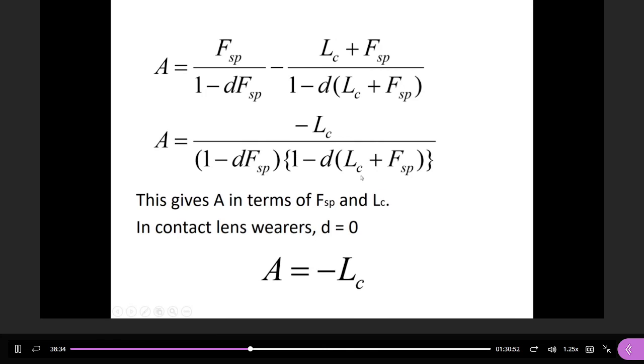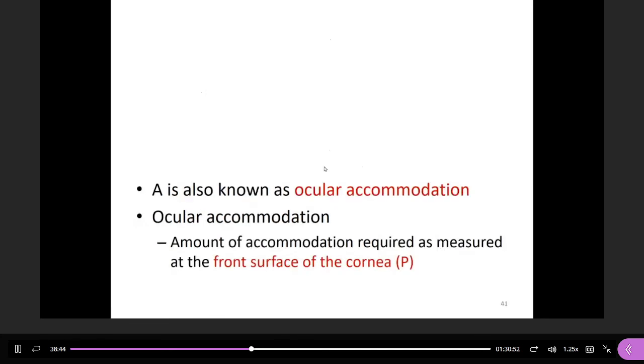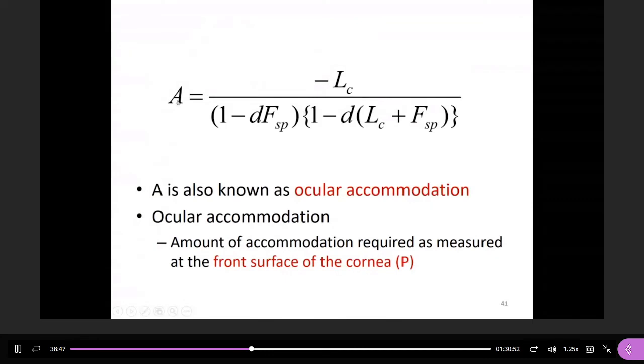But if you're using spectacle, definitely the vertex distance is also very important. If you change the vertex distance, it will change the amount of accommodation needed. So this equation is for you to calculate the ocular accommodation required at different working distances, LC, as a function of, for example, patients with different refractive error and a different vertex distance.